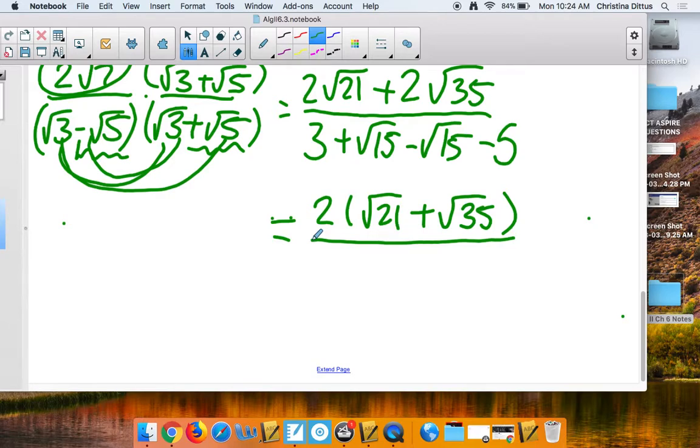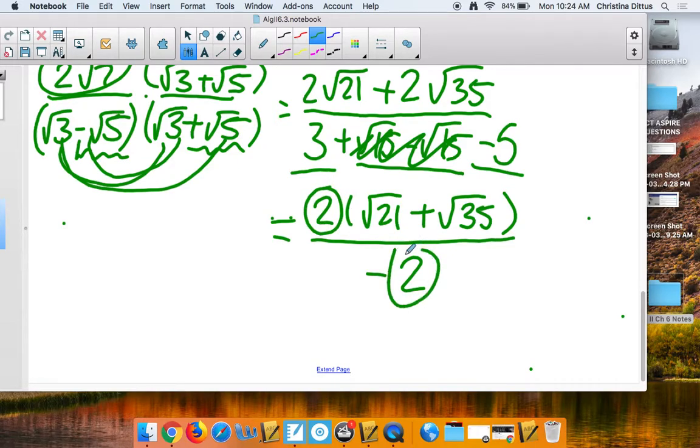My denominator. What's gonna happen here? Cancels. So I'm left with 3 minus 5, which is negative 2. Ooh, cool. What do you notice about this? Cancel. Cancel. So I still have a negative. I'm not going to leave my negative on bottom. I'm going to bring it up top.